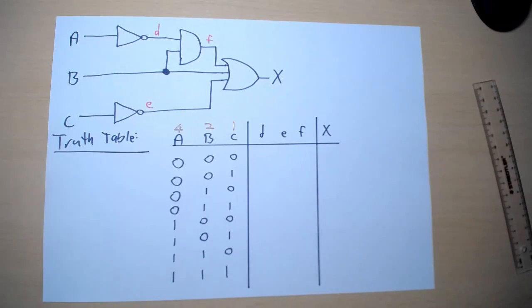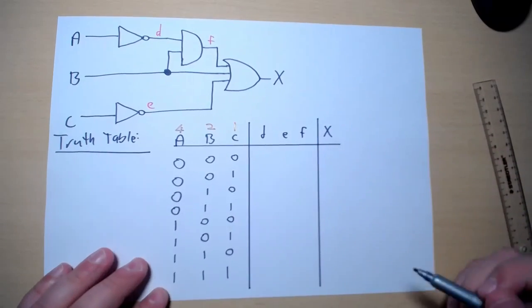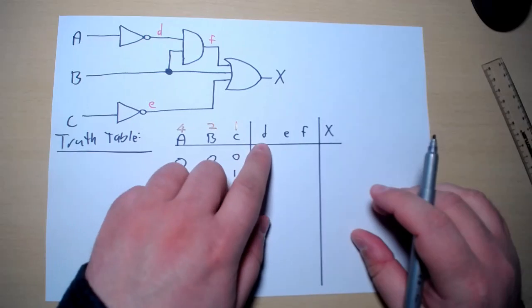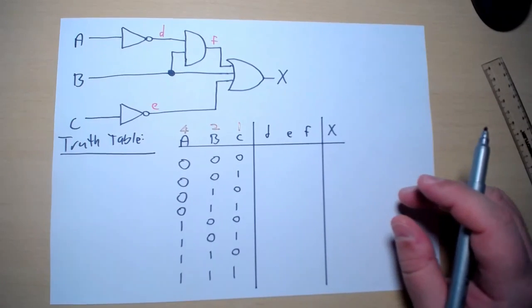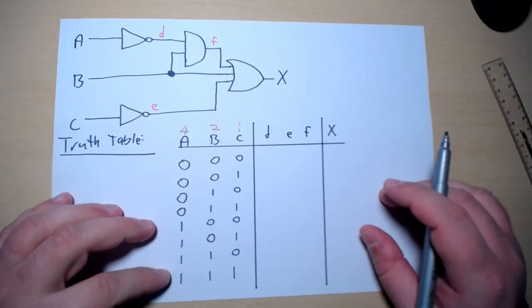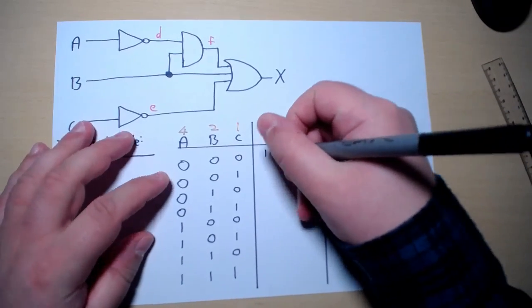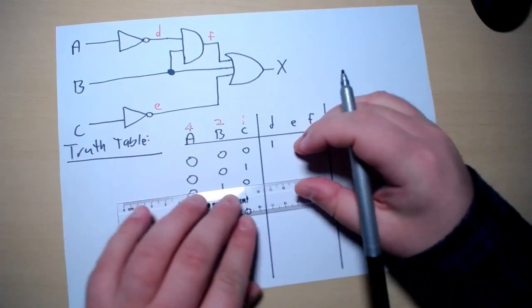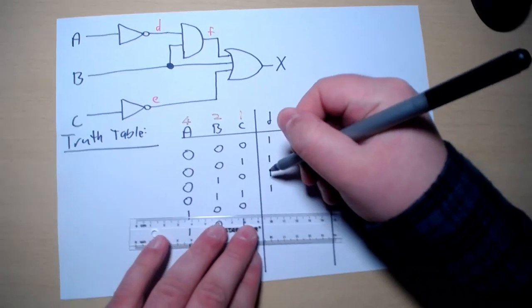And we can start filling in this truth table. So let's start with column D. D is NOT of A. Here A will have 4 zeros and 4 ones. So if it's NOT, it's the opposite. Therefore, we write 4 ones and 4 zeros.